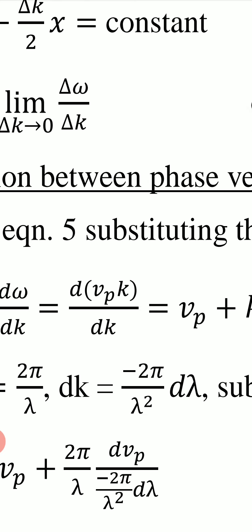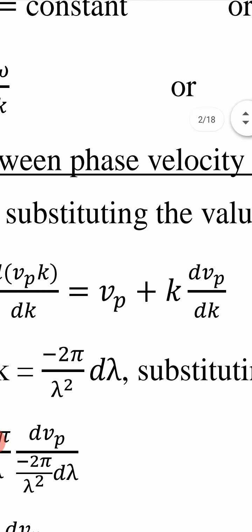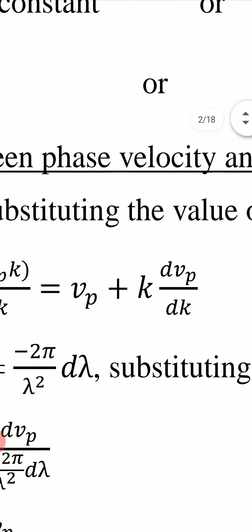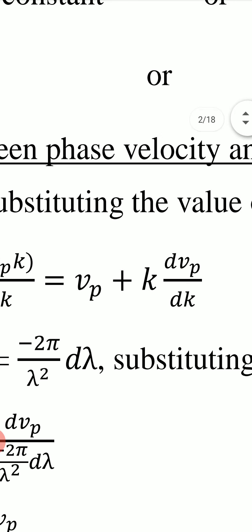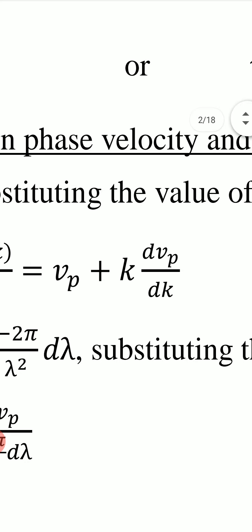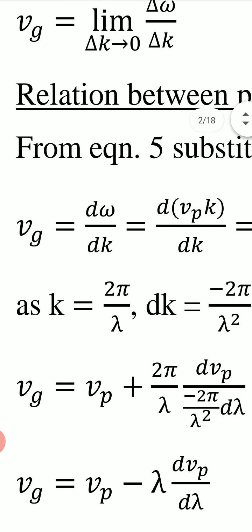We differentiate Vpk with respect to k using the formula: first function times differentiation of second plus second function times differentiation of first. So we find Vp, the first function, times dk upon dk, that is 1, plus the second function k times dVp upon dk. So Vg is equal to Vp plus k dVp upon dk.